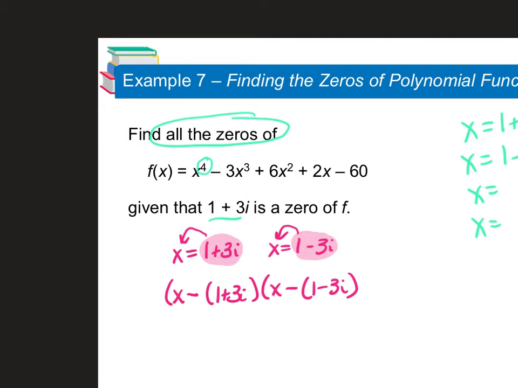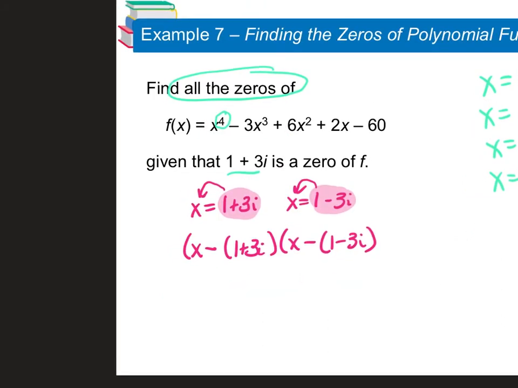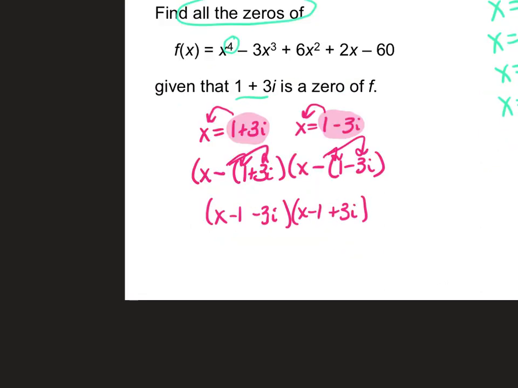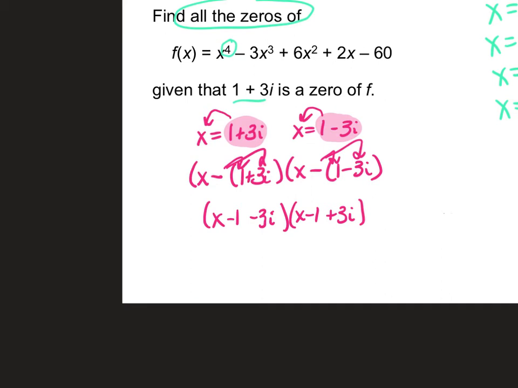Now, once you get to that part, the rest of this is easy. We're going to distribute that negative sign. So this becomes x minus 1 minus 3i, and this becomes x minus 1 plus 3i. Now, you can FOIL this out. You can multiply and distribute trinomial times a trinomial, but let's try the shortcut.